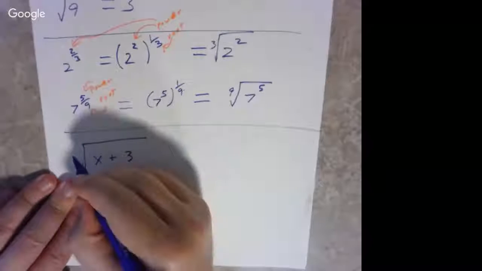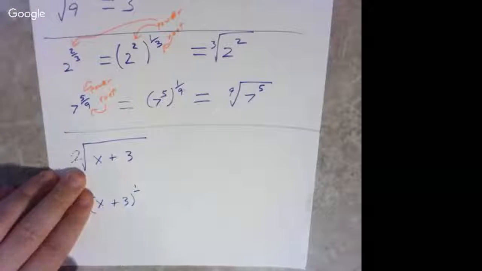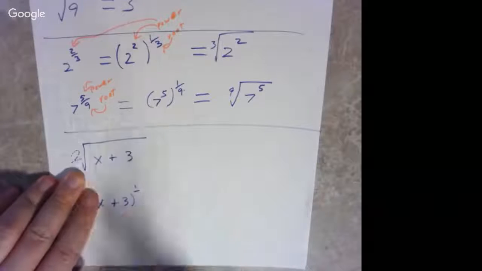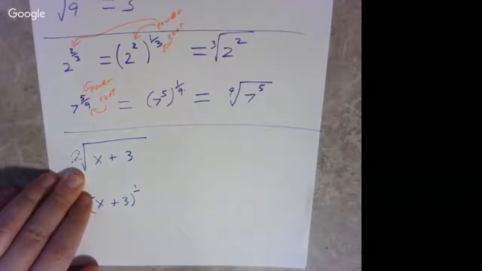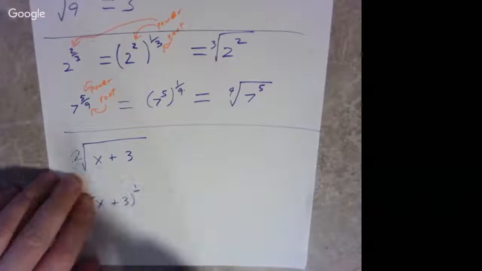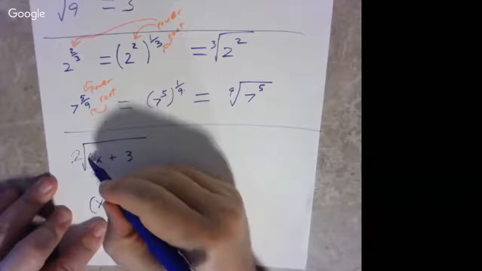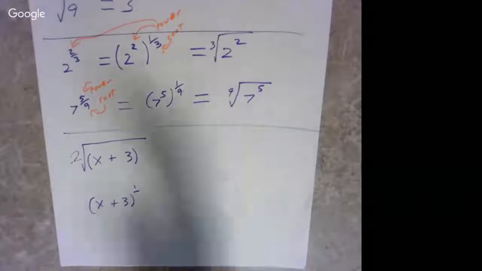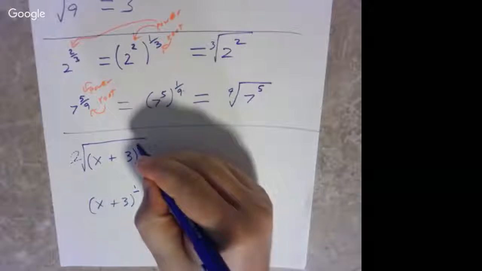So I'm going to write my 2 dotted like this because it's an understood 2 if we leave no number. If there's no number placed there, we all agree that it's a 2 for a square root. Just like, we don't have to do it, but we could put parentheses around this. And how many sets of parentheses of x plus 3 are there? Just the 1.